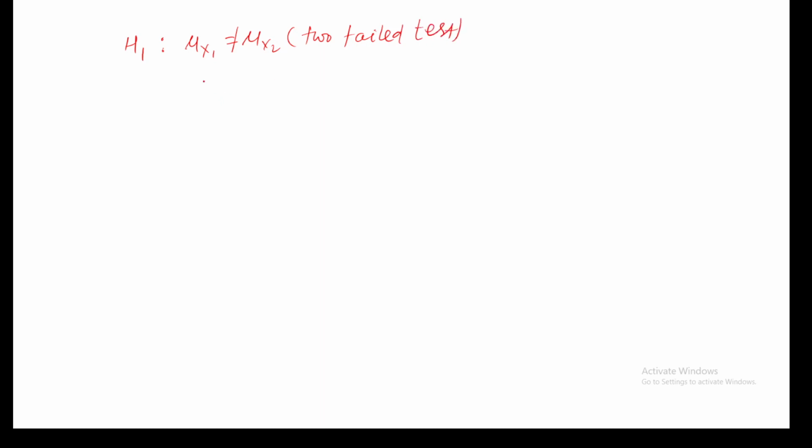For one tail, it will be either greater than or less than. Then after that you have to go with the test statistic. All things will be the same, only the formula for the test statistic will change in the different case.